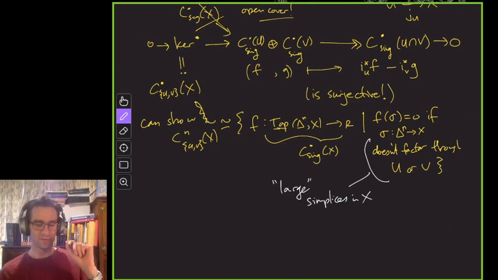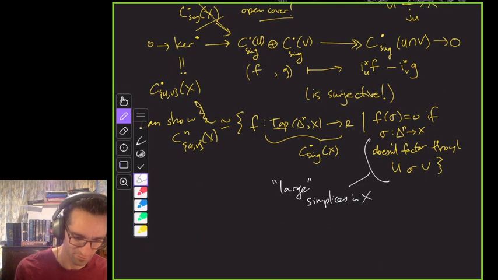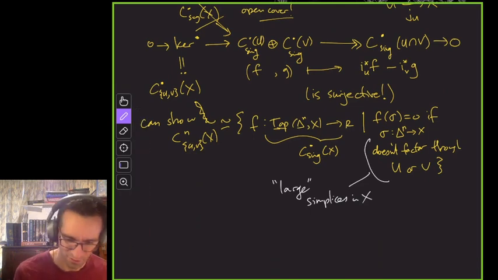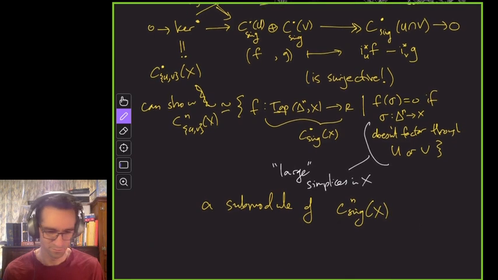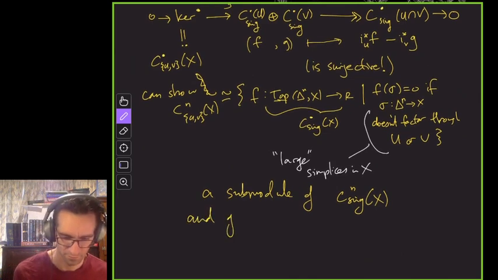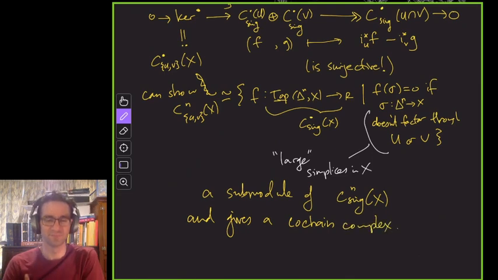So this special kernel cochain complex is isomorphic to the submodule of singular cochains of X of functions that are 0 on large simplices. And in fact it's a sub cochain complex.